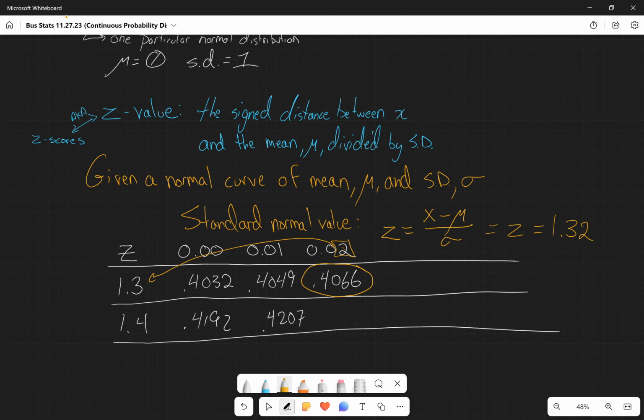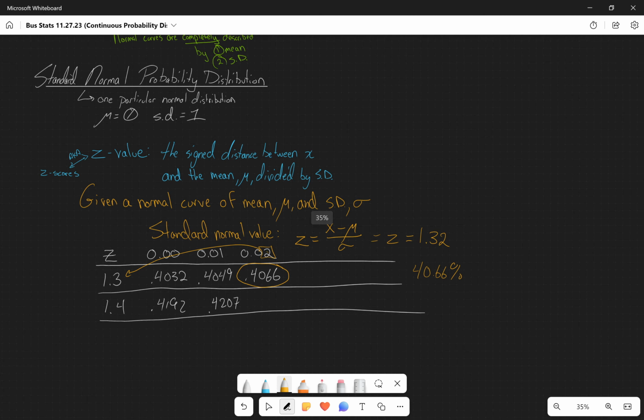And so this is going to correspond to a probability of 40.66%. We're going to do some examples of this. It'll be a bit easier. All right, let's stop this video and then we'll do an example.